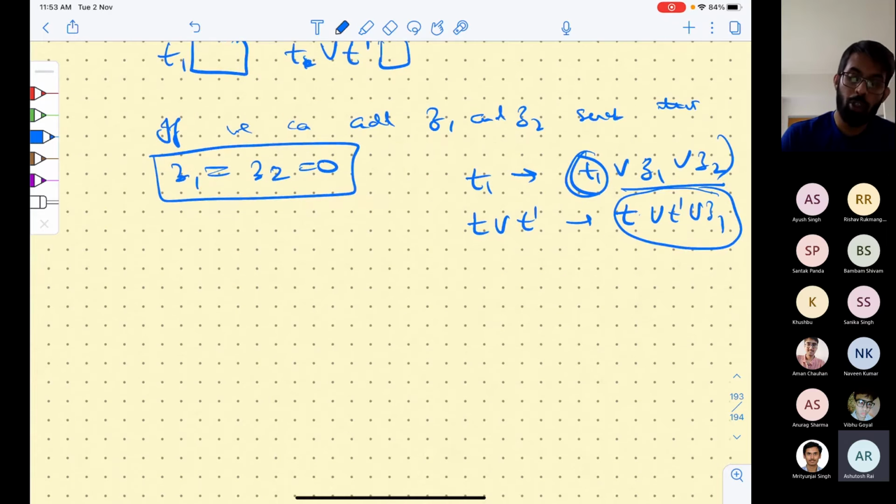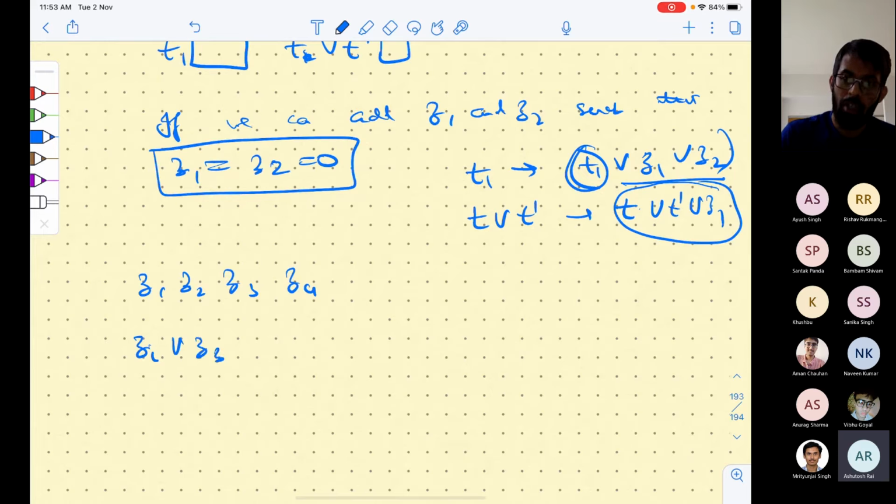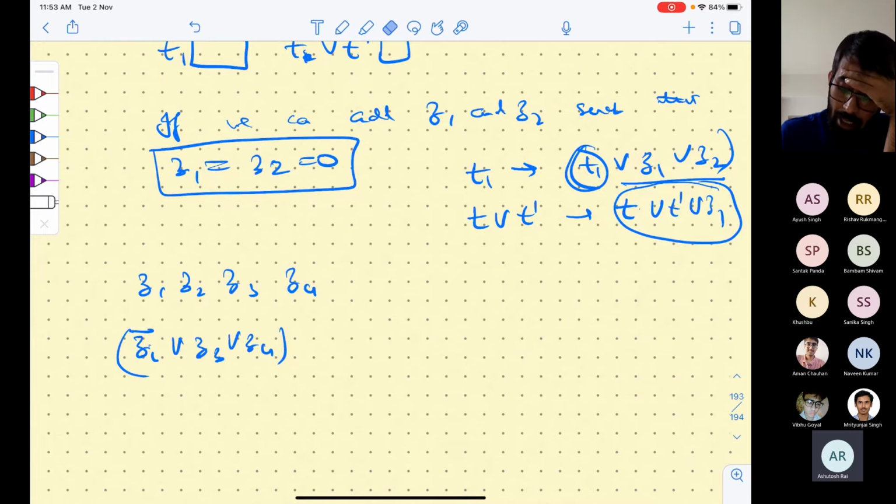So what we just need to ensure is that Z1 is equal to Z2 is equal to 0. So what we'll do, we'll take 2 more variables, Z3 and Z4, and we'll add 4 clauses: Zi or Z3 or Z4, basically all 4 combinations of Z3 and Z4.